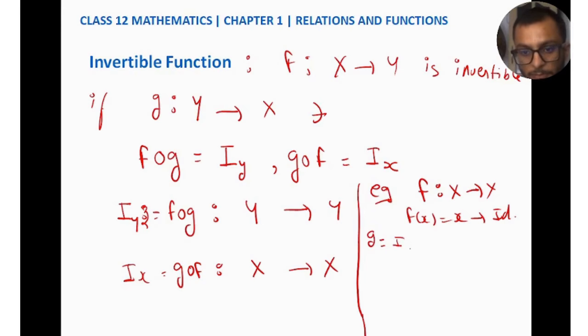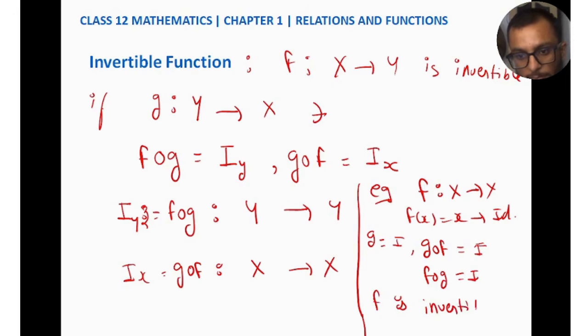So what will be my g of f? Now this is your homework to verify that g of f you will get as identity and f of g you will also get as identity. So we got that our f is invertible. You should verify that g of f and f of g are identity. Why am I not writing X and X separately here? Because my domain and codomain are both the same. Okay, so this was chapter 1, the introduction part.